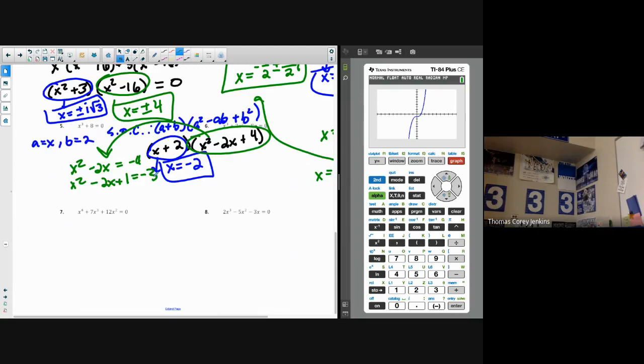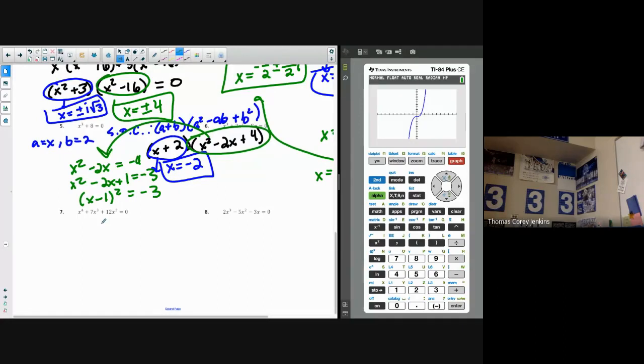That gives me x squared minus 2x plus 1, which is a perfect square trinomial, equals negative 3. This factors to x minus 1 squared equals negative 3.